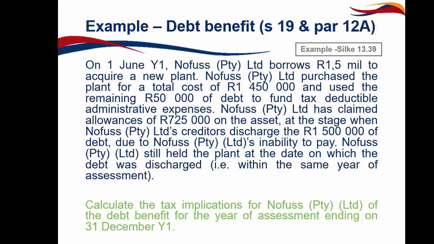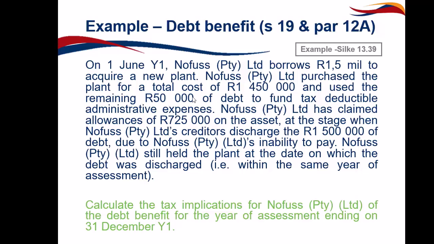On 1 June of the current year, No Fuss borrows 1.5 million to acquire a new plant. Okay, so that 1.5 million was borrowed in the current year of assessment. No Fuss purchased the plant for a total cost of 1.45 million, right?